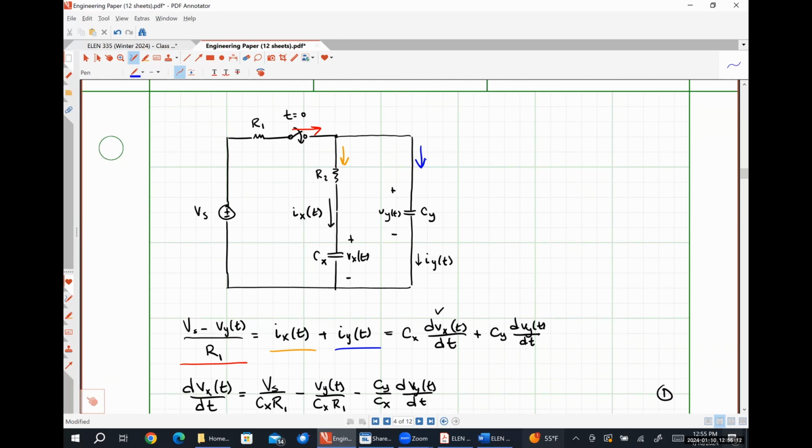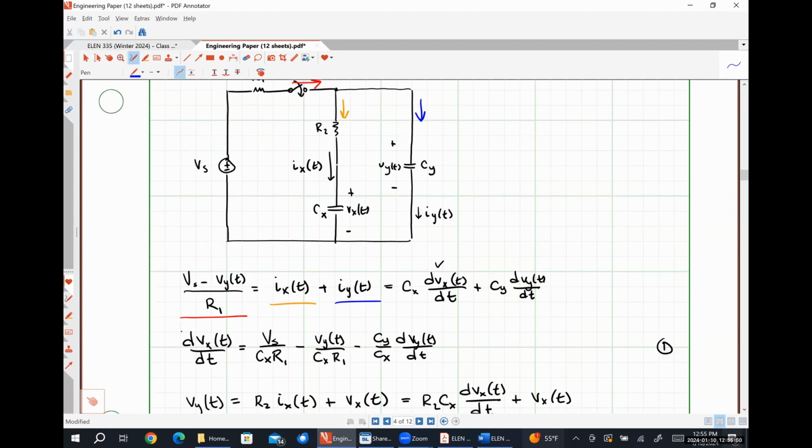So I'm saying that the voltage drop across this resistor R1, using Kirchhoff's voltage law around this outside loop, is just going to be Vs minus Vy, and then divide by the resistor. So after that, it's just moving things around to make it look nice. And then I wound up having to move it around further when I realized it didn't look as nice as I wanted it to.